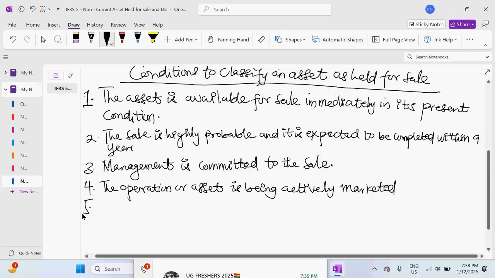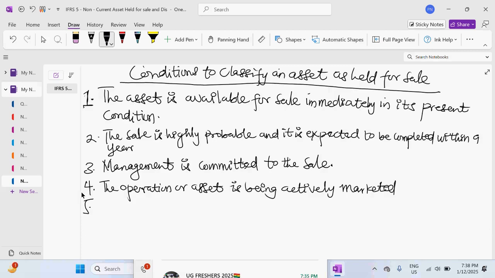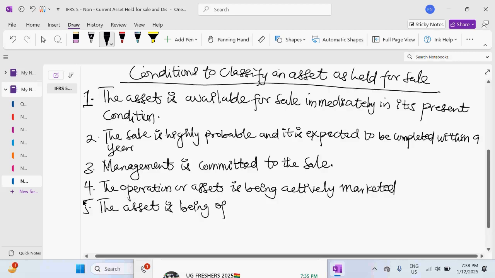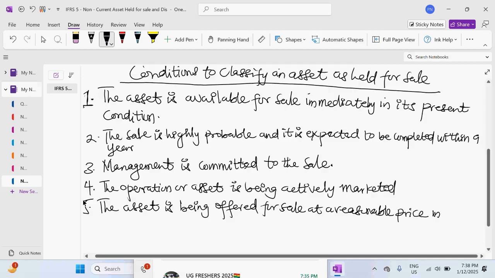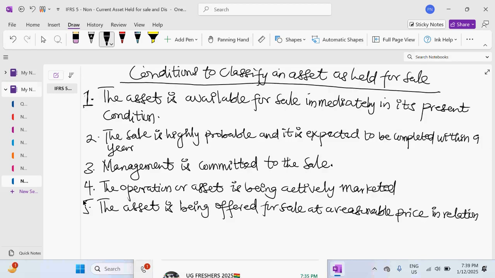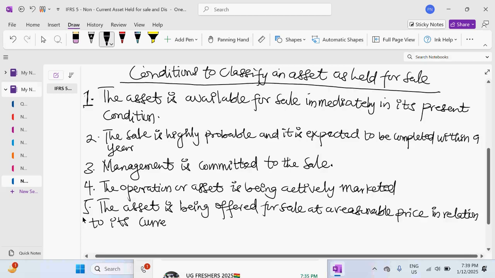And then the fifth condition we can look at is that the asset is being offered for sale at a reasonable price in relation to its current fair value.